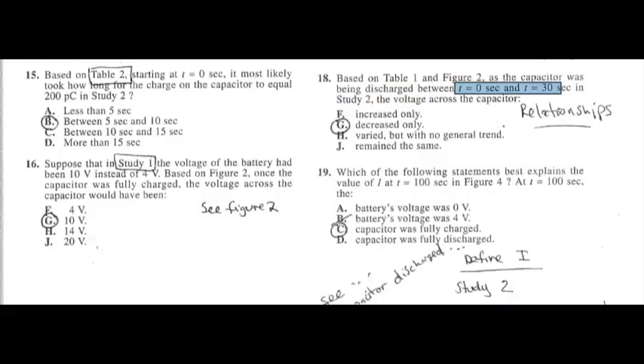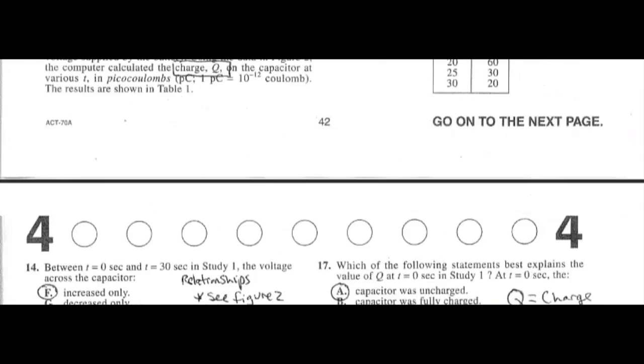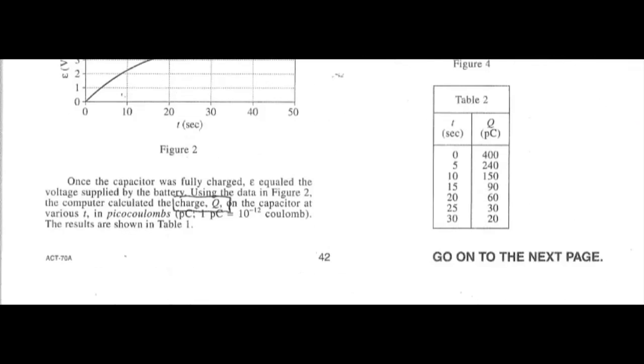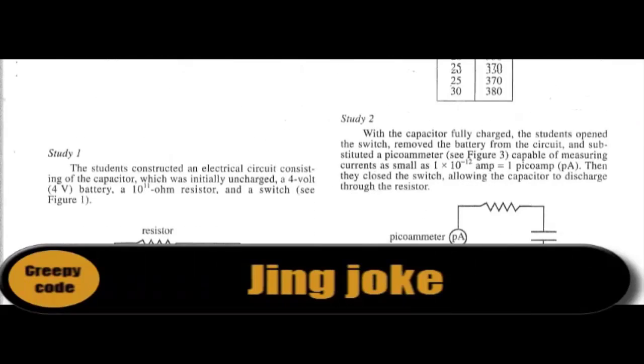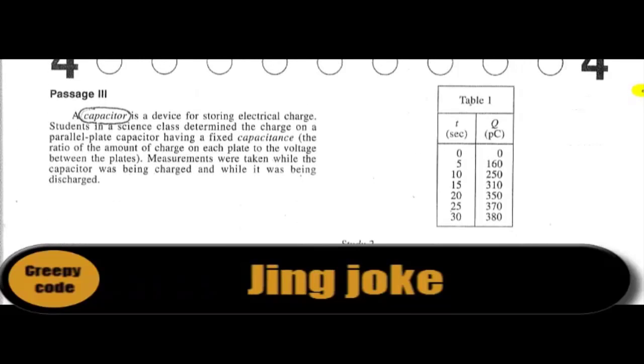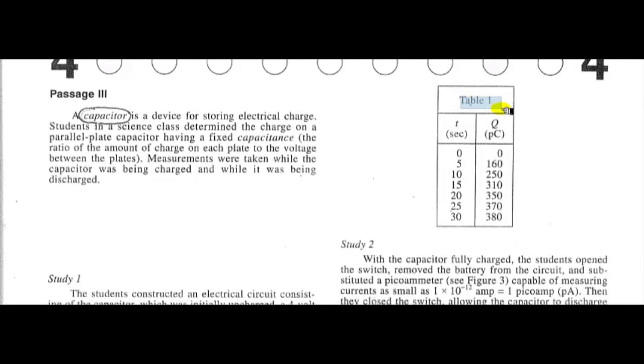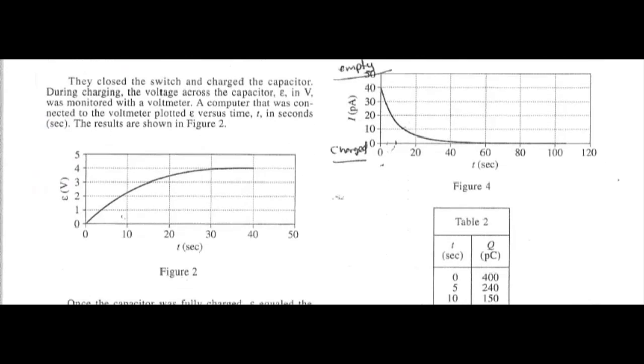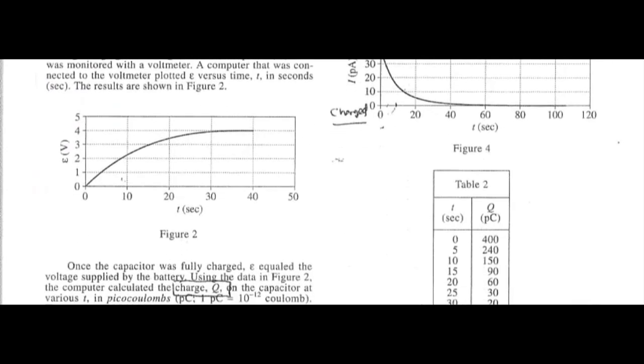If you find Table 1 and Figure 2, you see that Table 1 is up here, which is part of Study 1. Wait, what? And Figure 2 is also part of Study 1. So, well, wait a second. They're not asking us about Study 1. They're asking us about Study 2.